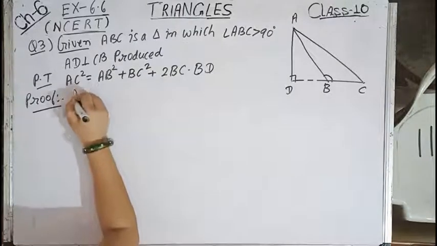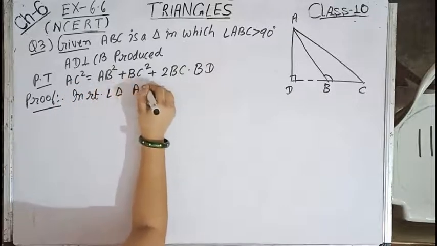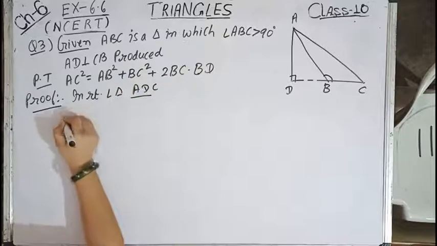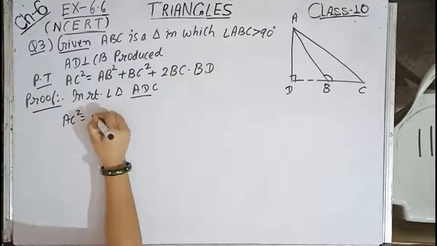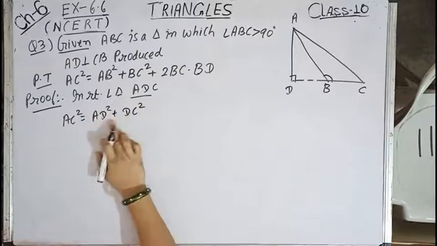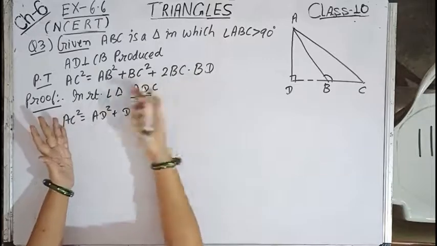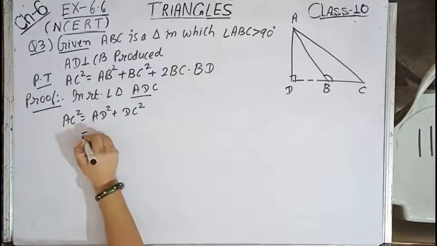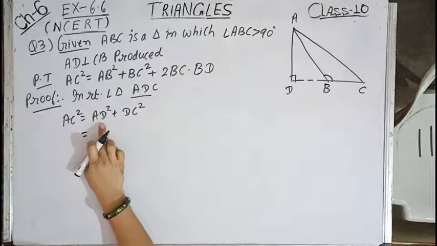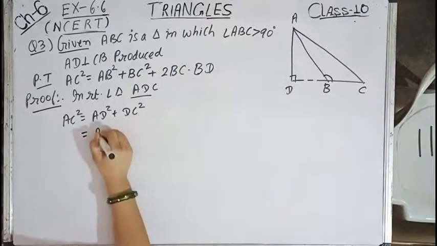So let us start. In right angle triangle ADC, AC square equals AD square plus DC square. Over here neither AD nor DC is required, so we have to remove them using the relations. In place of AD square I can write AB square minus DB square.